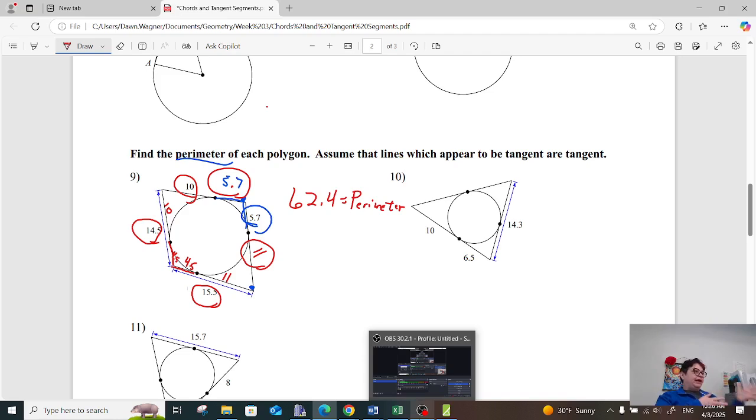So I gave you the practice. Again, I lost time. So I'm going to give you a break. I'll give you probably an extra 15 minutes when you come back to look over those problems on the packet. And then I'll have to give you the notes for central and inscribed angles. Okay?